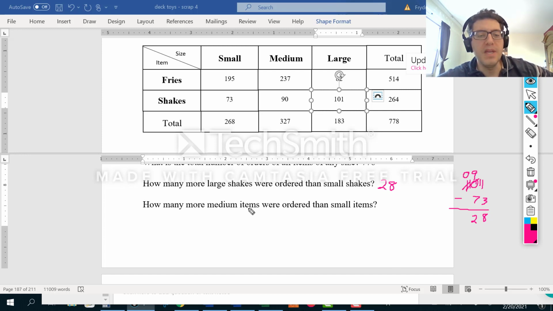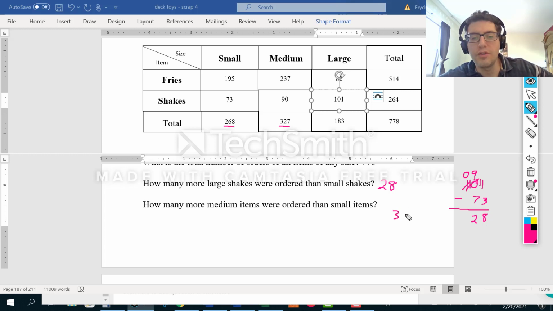How many more medium items were ordered than small items? So now, since it didn't say, this question had nothing to do with fries or shakes. We're just talking about all of the small items and all of the medium items. So we're going to look down over here in the totals. The total number of medium items was 327. The total number of small items was 268.